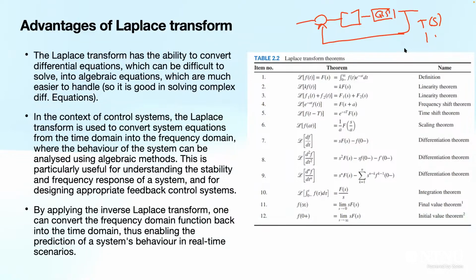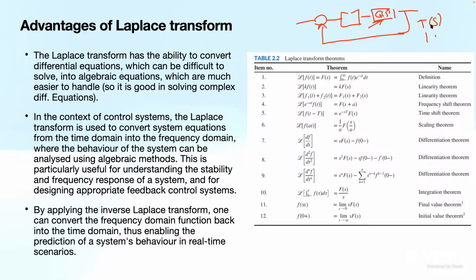Maybe my design requirements will be in the time domain. I need to have a certain maximum overshoot, Tmax, and so on. So in this case, I will design my system in the frequency domain, but I will not be able to see those numbers. If you want to see that your controller is able to achieve the design requirements, it's very important to get the overall transfer function of your control system, which will be T of S, not G of S, because G of S is the open loop transfer function of your system.